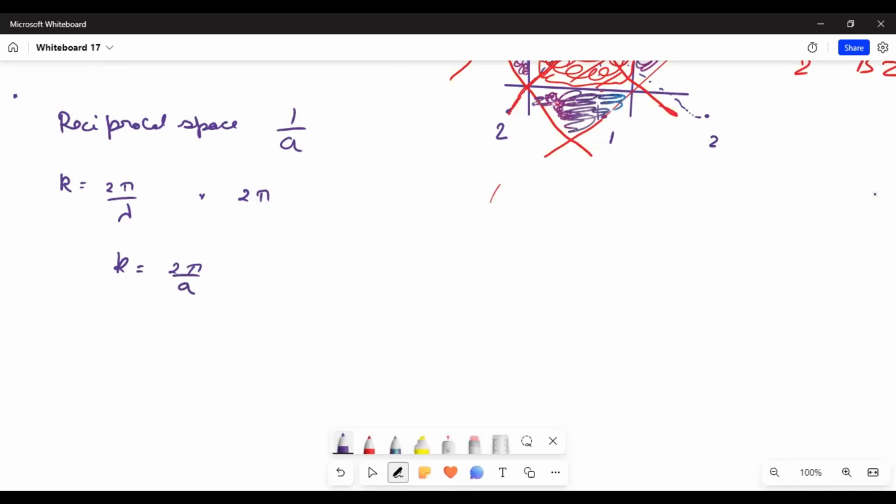a. Now let's draw this reciprocal space E-k energy diagram.